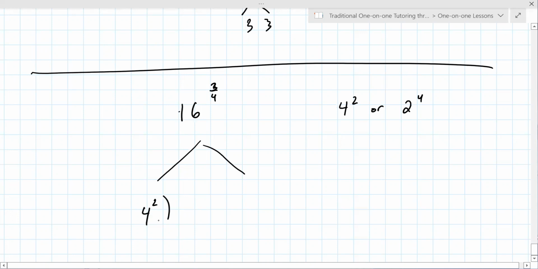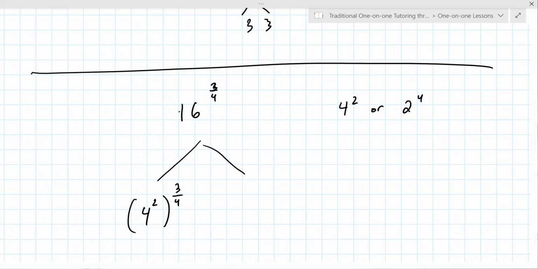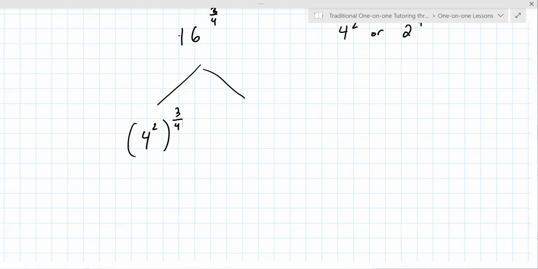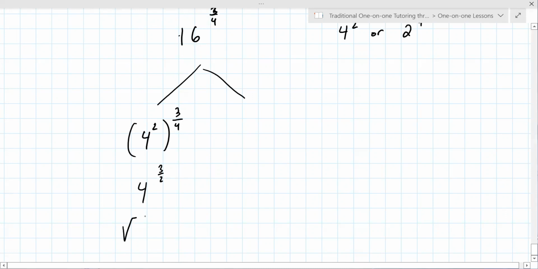Let's say it's 4 squared to the 3/4 power. Now what would you do? Well, I do the multiplication. So I do 2/1 times 3/4, good, and 6/4, which would be 3/2. So it's 4 to the 3/2 power, which is the square root of 4 cubed.